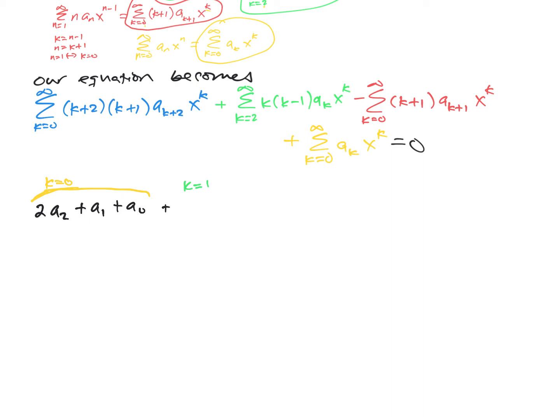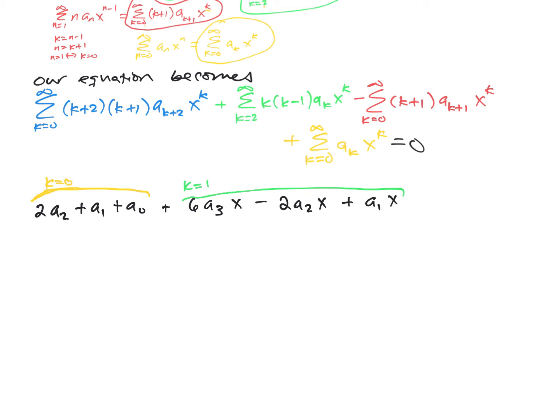K equals 1 from the blue term, we get 3 times 2, so 6 a3, and then x, plus, still nothing from the green term, but from the red term we get minus 2 a2 x, and then from the yellow term we get plus a1 x. Okay, so that's all the k equals 1 terms.